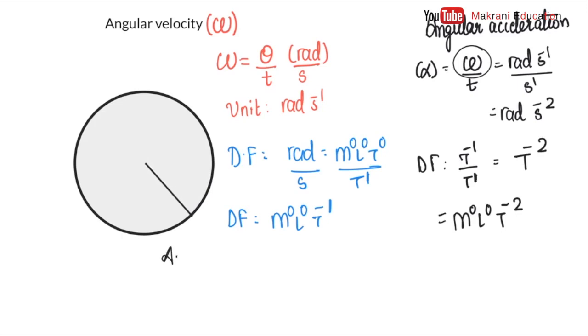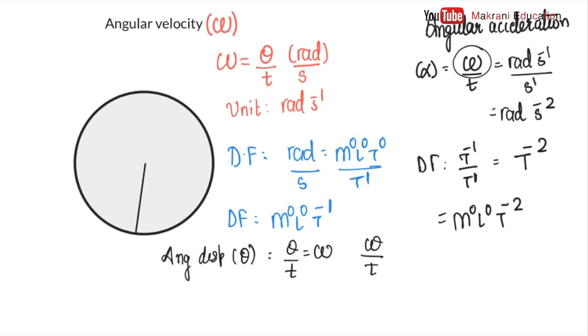First of all, angular displacement, which is theta; angular displacement upon time is your omega; and omega upon time is your alpha. That means first it's angular displacement, then angular velocity, then angular acceleration. Hope these three quantities are clear to you. Let us go on to our next quantity.